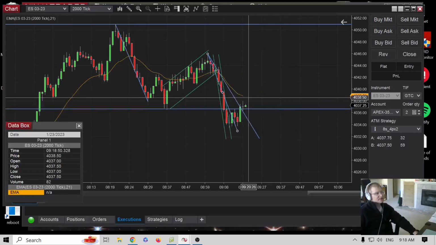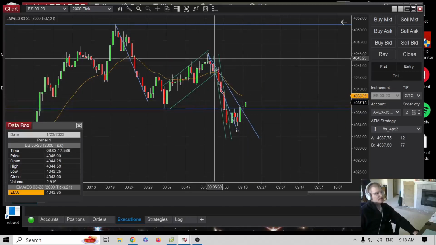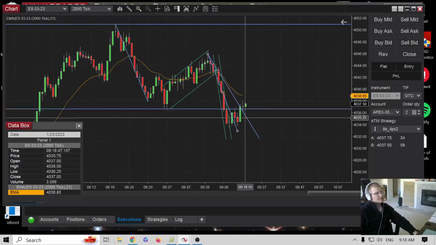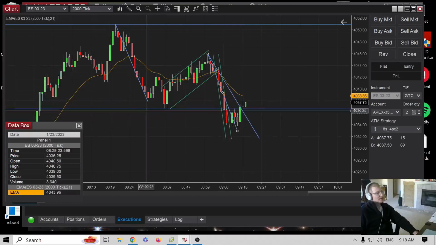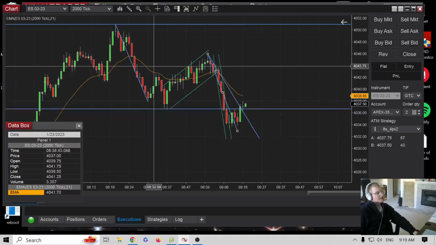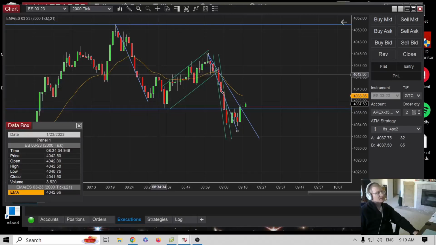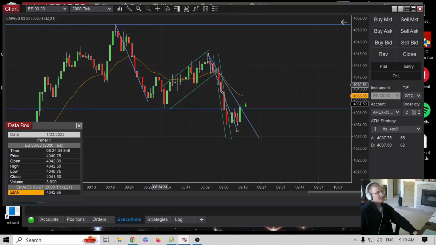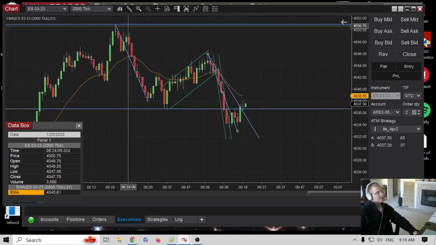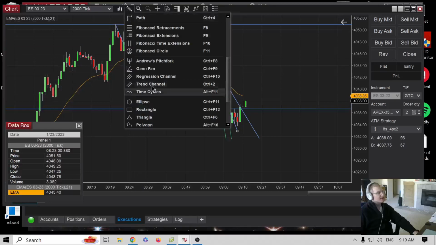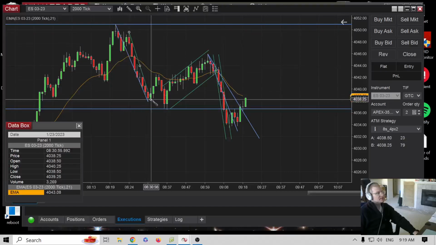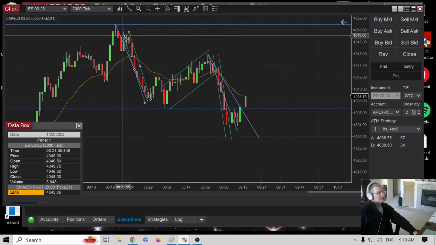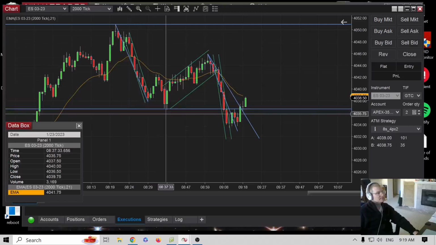I don't know. I feel like this is kind of a shakeout. People went short. They're covering now. Probably covered here. This was a key entry point. When you saw that happening, you knew that that little channel here, if I can find that trend channel, this kind of thing here: break, new extreme.